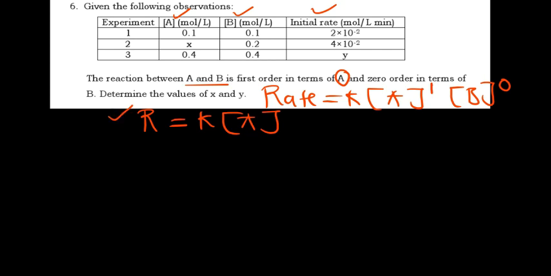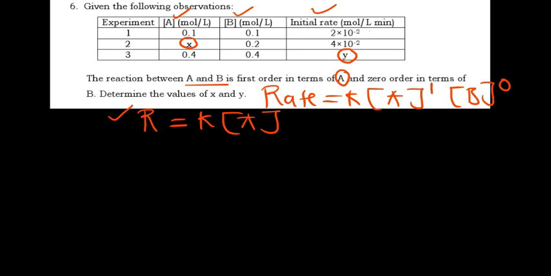Now, for us to find the values of x and y, how do we go about it? So it means we're trying to find the value of R and A respectively. Now, we have to look at experiment 1 because in experiment 1, all the values are known. So we can therefore find the value of K. So let's substitute.